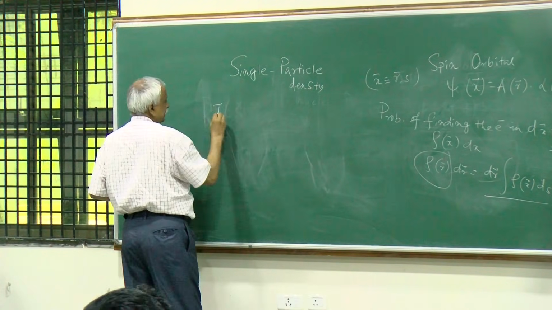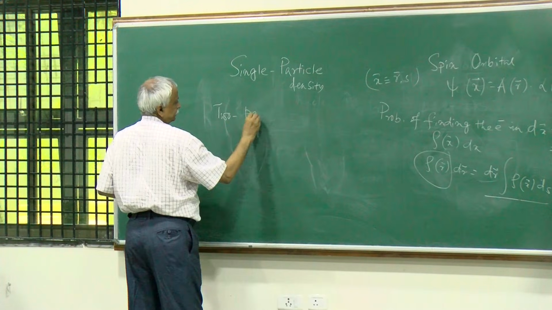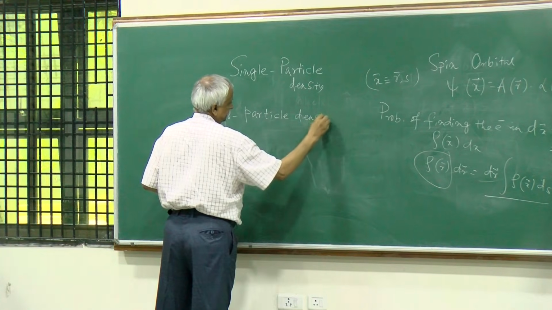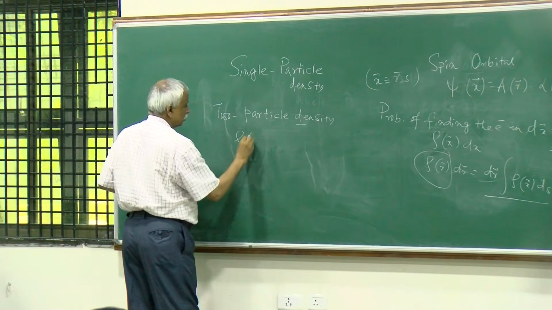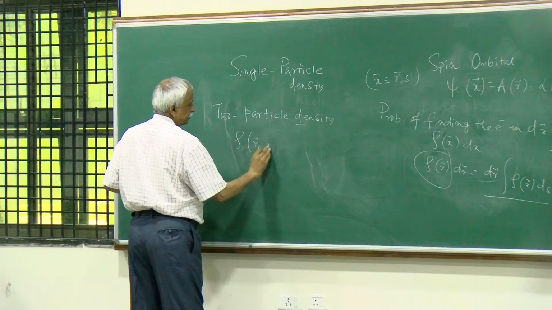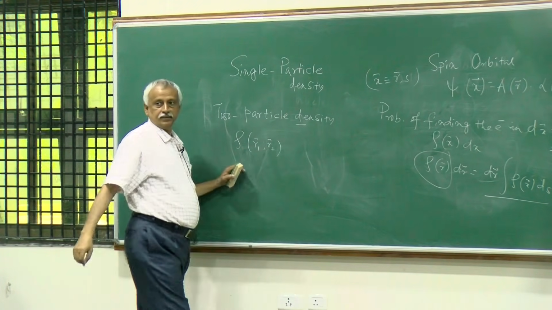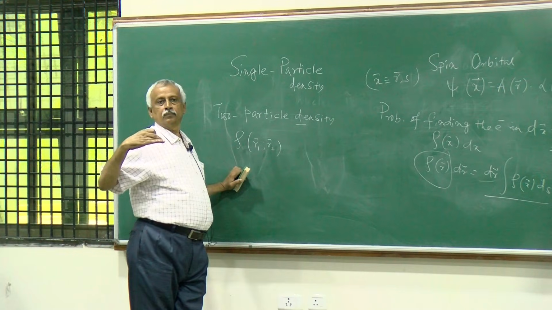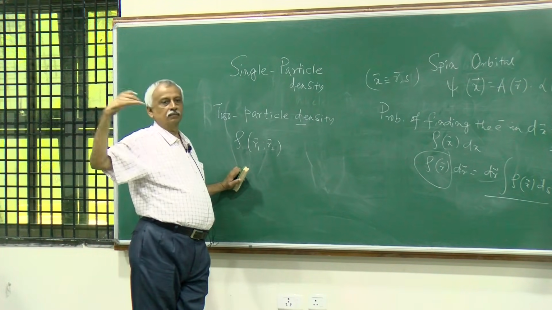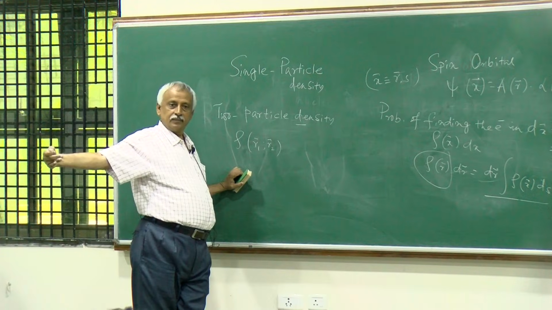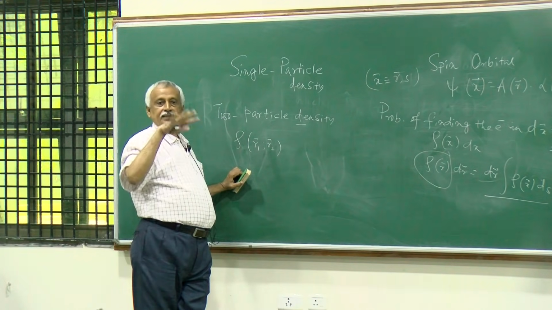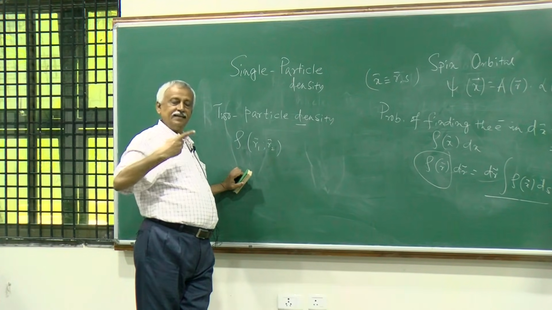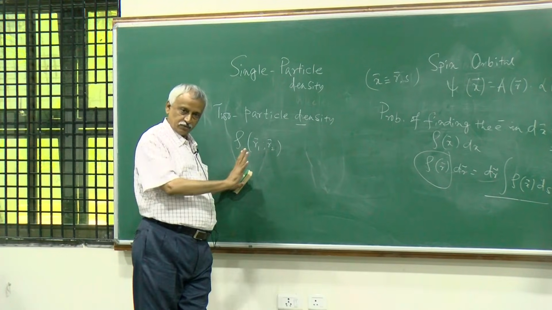Now I am talking about two particle density, rho of R1, R2. I will derive it exactly the same way. Instead of integrating from dx2 to dxn, I will integrate dx3 to dxn. And remember, if the first integral can be obtained in n different ways, then for the second electron it can be obtained in n minus 1 different ways, because the first one is already occupied.